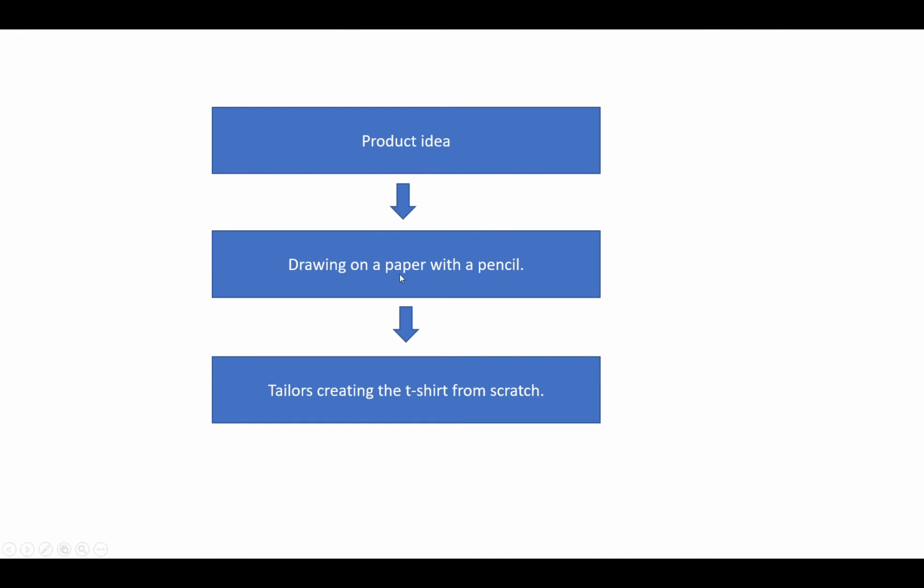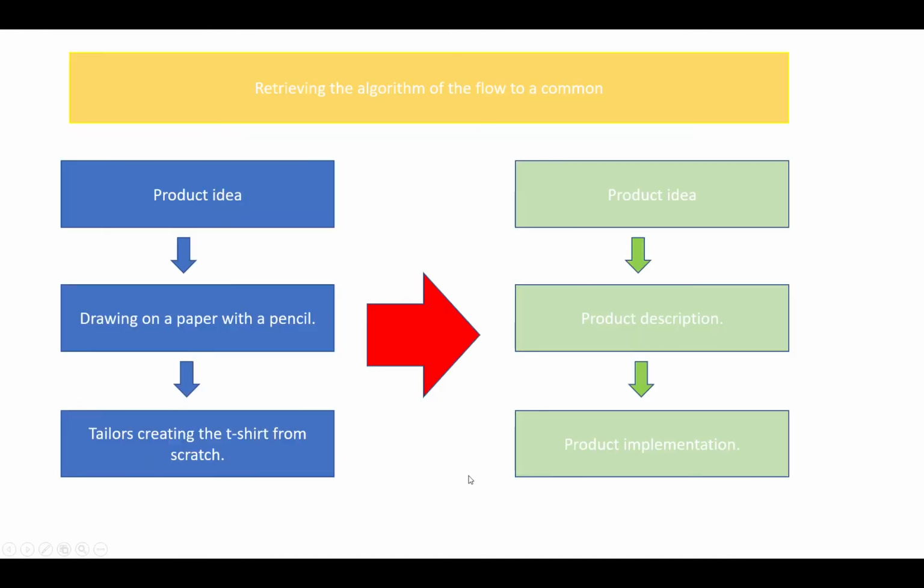The second step is that if you're an artist, you are drawing on the paper with a pencil your thoughts, your insights, whatever. And the next step is you are passing the design to the tailors and they are creating the t-shirt from scratch.